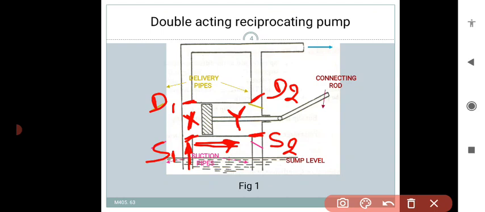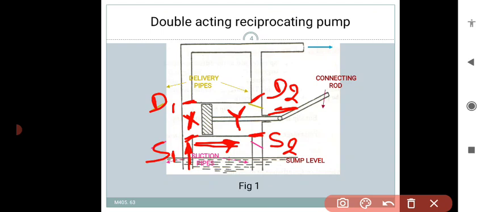So the discharge of liquid from the right side is through opening the delivery valve 2.